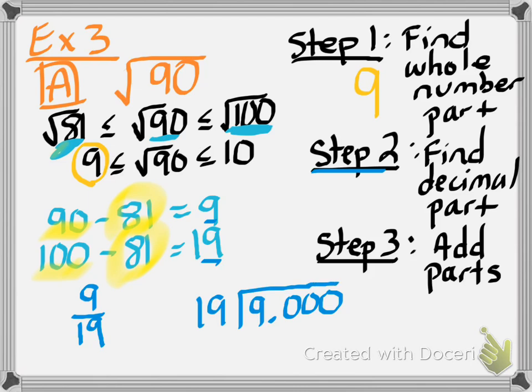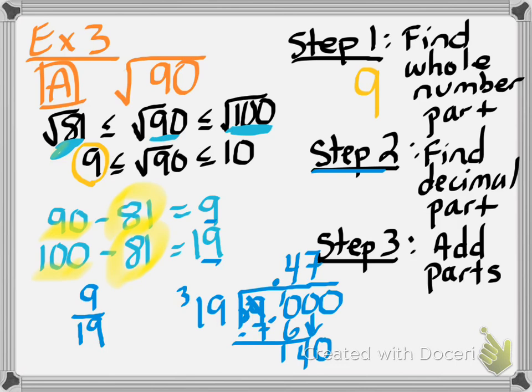Put my decimal up in my answer. 9 is too small. 90 into 19, that would be 4 times. 4 times 9 is 36, 4 times 1 is 4, 76. Subtract them. 14, bring down the 0, 140.